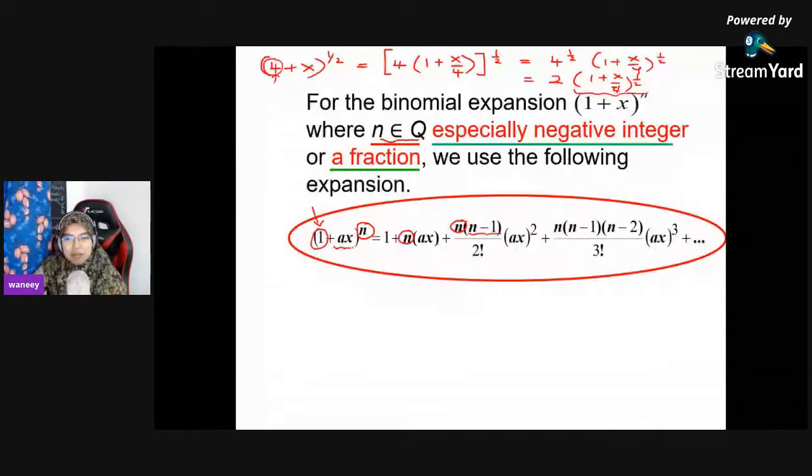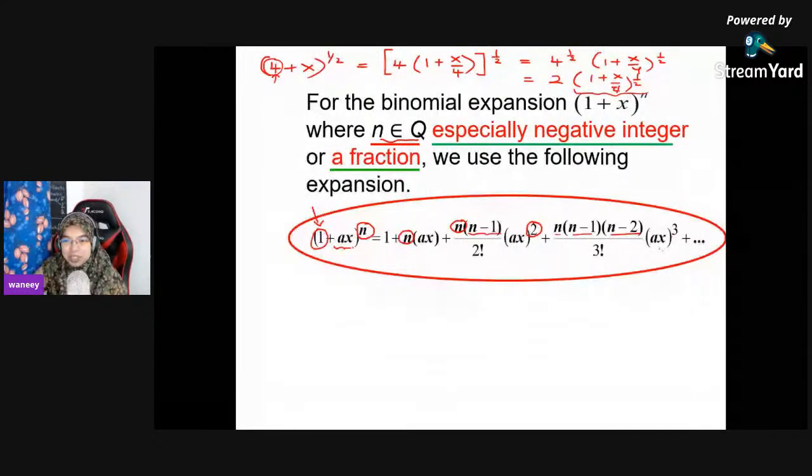You got 2n, right? So divide by 2 factorial. And then take ax, but now you got to have square. And then plus n minus 1, n minus 2, so triple n, so 3 factorial. And then ax to the power of 3.